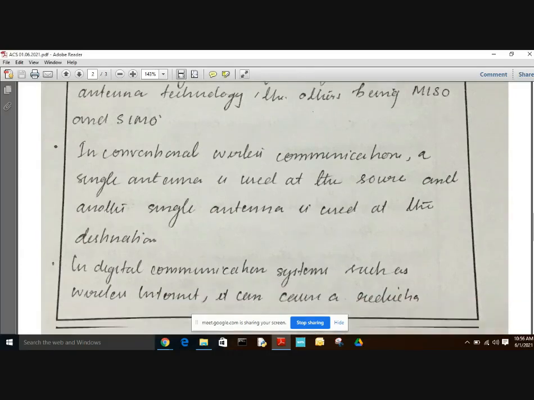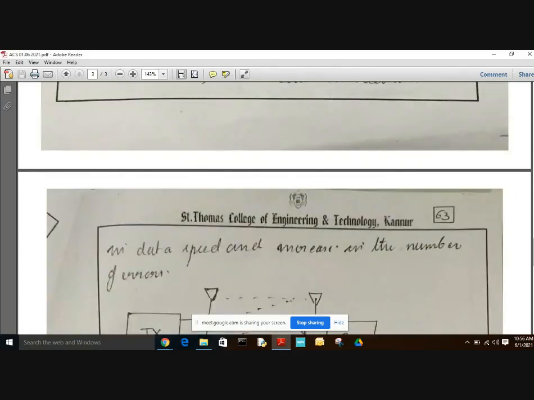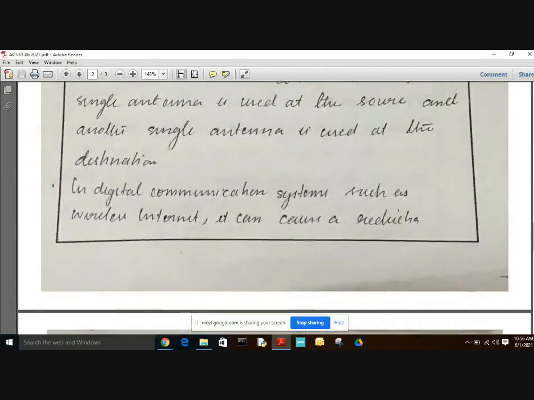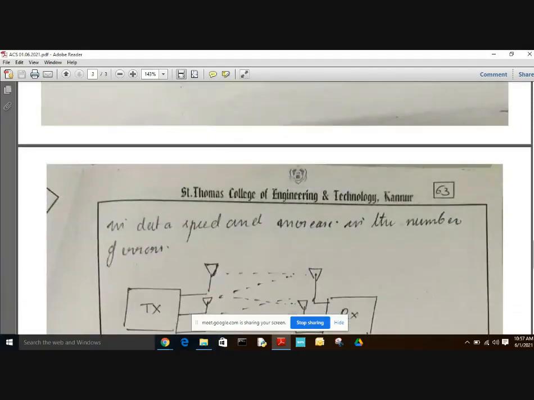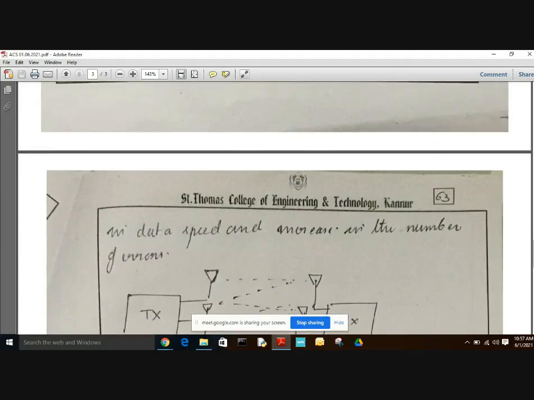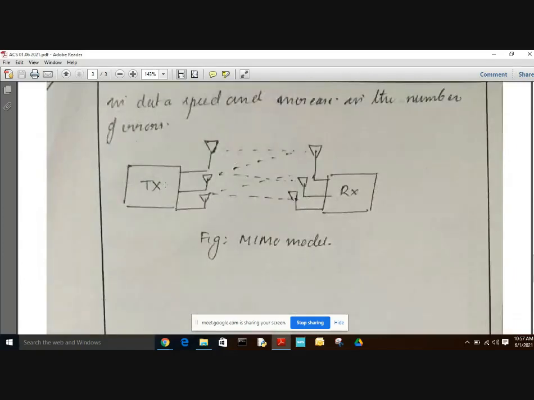In digital communication systems such as wireless internet, this can cause a reduction in data speed and an increase in the number of errors. So we go for the multiple input, multiple output system. Here we can see, in the conventional communication system, there will be a transmitter and a receiver, with only one antenna at the transmitting side and one antenna at the receiving side.